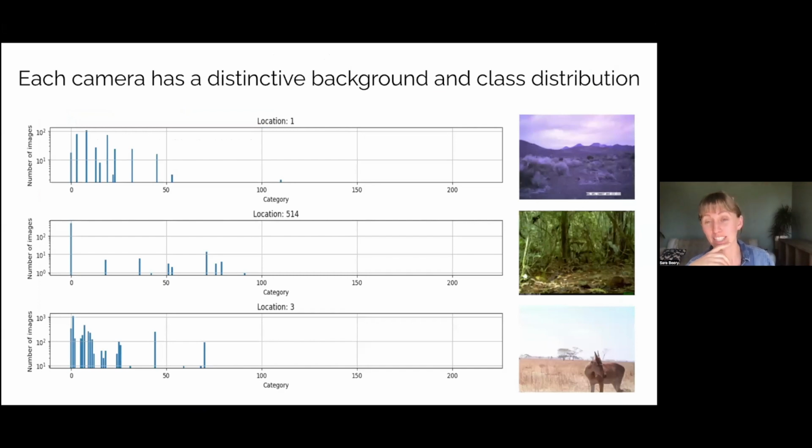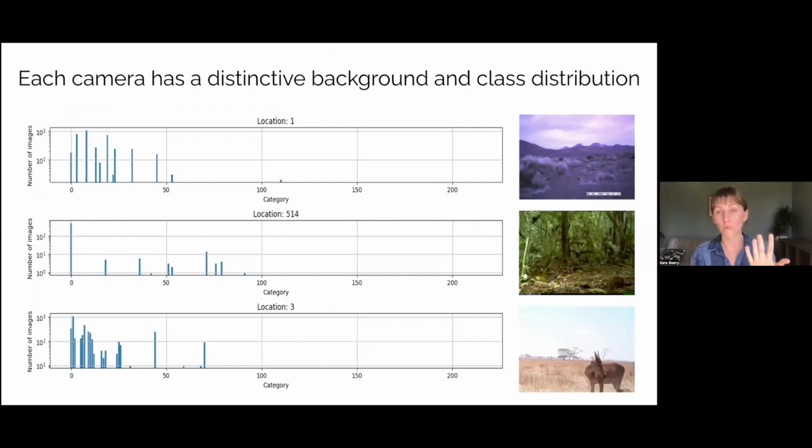One of the things that's really interesting about static cameras, and really exemplifies this domain shift challenge, is that not only do you have this macro scale distribution of species you might see in given countries and at different times of year, but each individual sensor is representative of a microhabitat. And the distribution that you see for a single sensor is not necessarily representative or even strongly correlated with the underlying species distribution in an area.